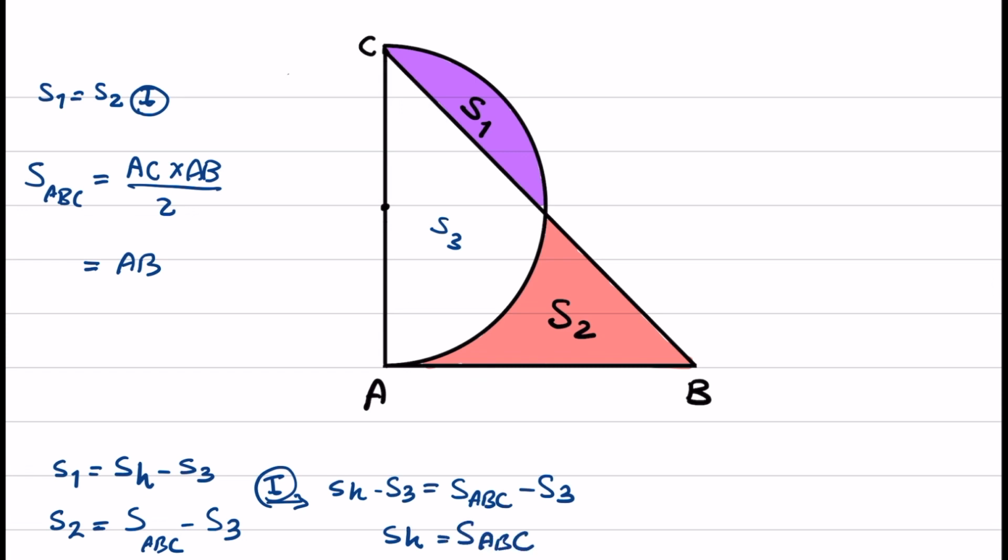If you replace SABC, it will be SH equals AB. And if we now obtain the area of the half circle, which is 1 over 2 times 1 squared times pi, it equals AB. So our AB is pi over 2.